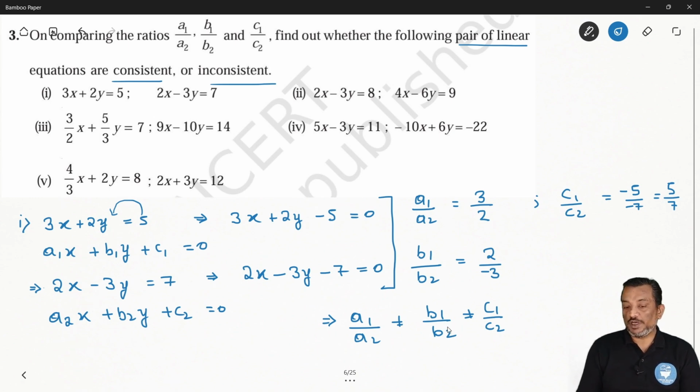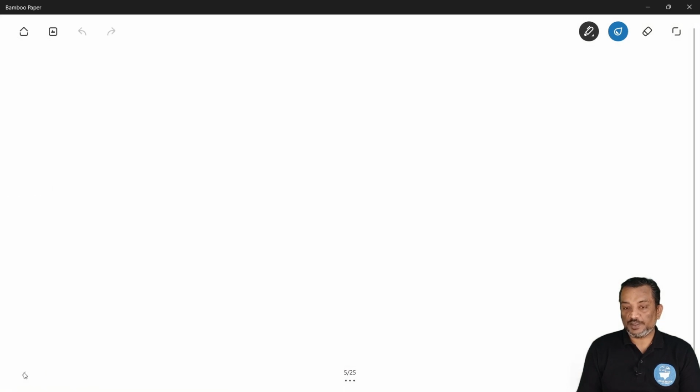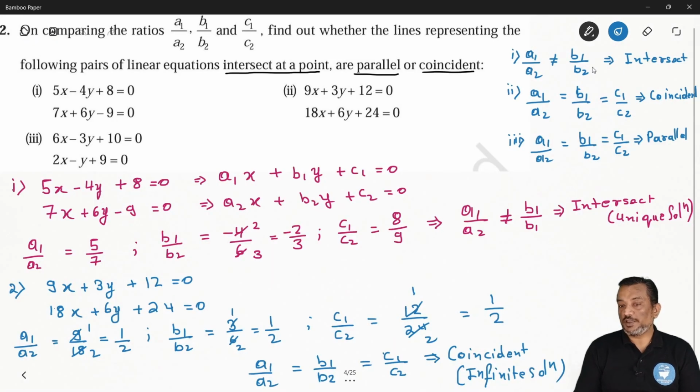So I have already told you when you have getting this type of solution, आप यहाँ पे देख सकते हो, मैंने आपको लास्ट क्वेश्चन बताया था, जब ये ऐसा होगा तो they have one solution intersects.